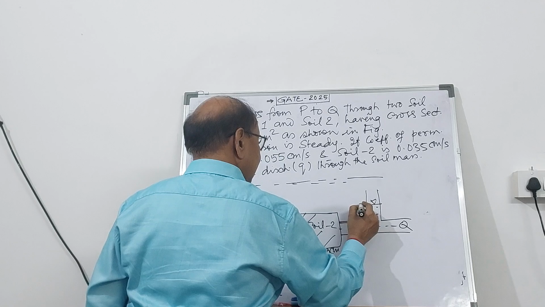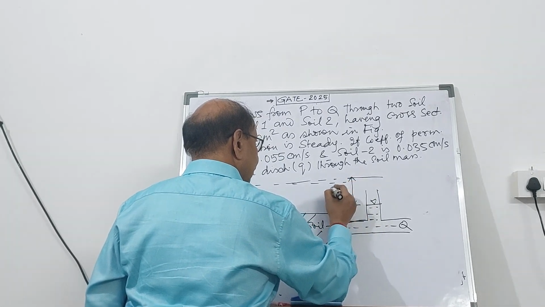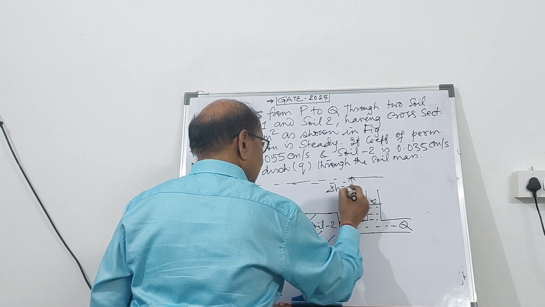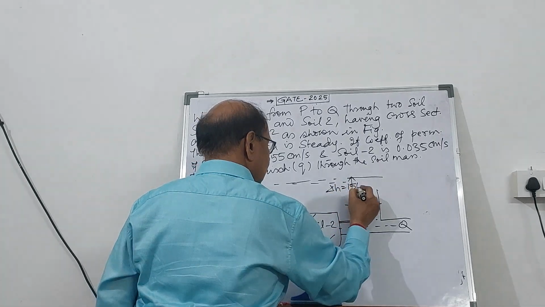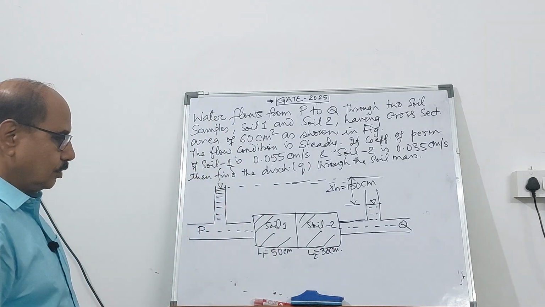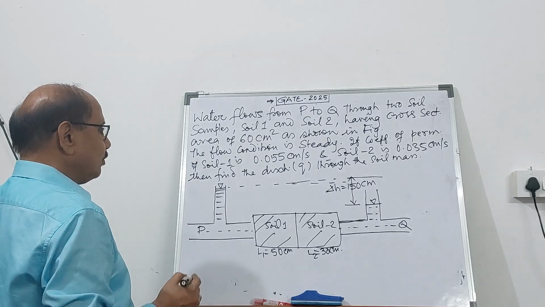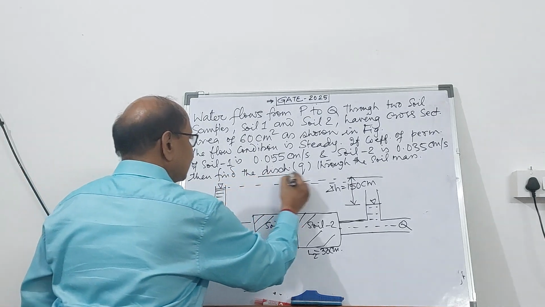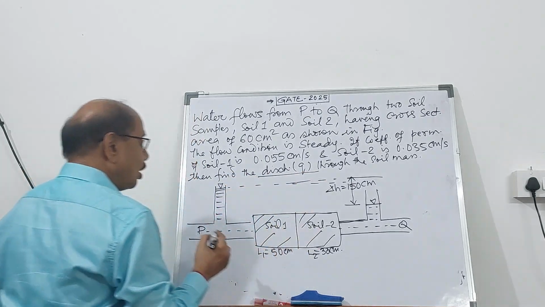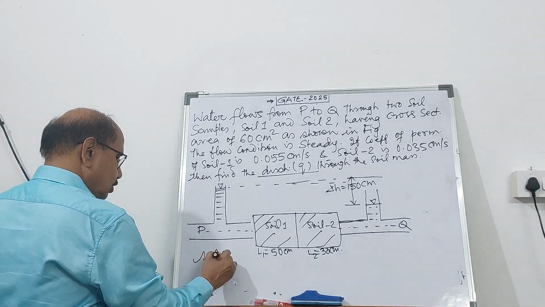So the head loss delta H is shown as 150 centimeters. So head loss is also shown to you, and you have to find out the discharge Q. So how will you solve this problem? Quite simple one.